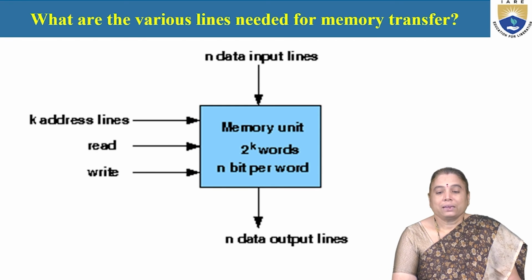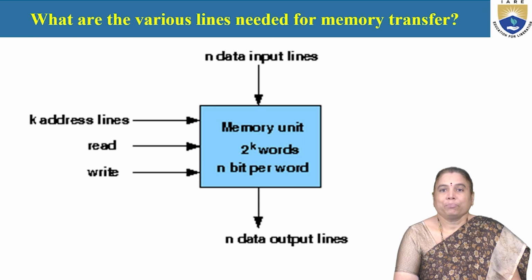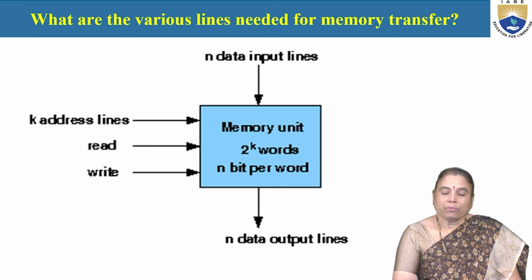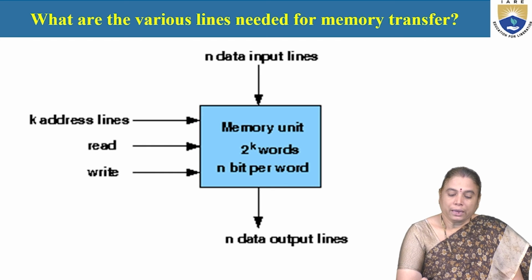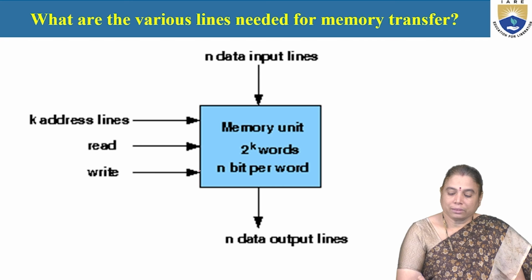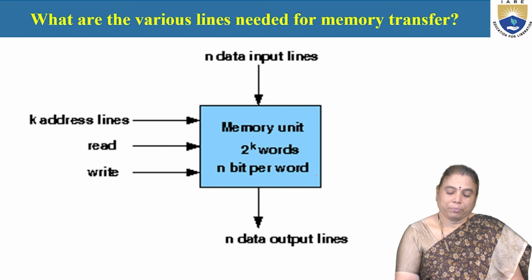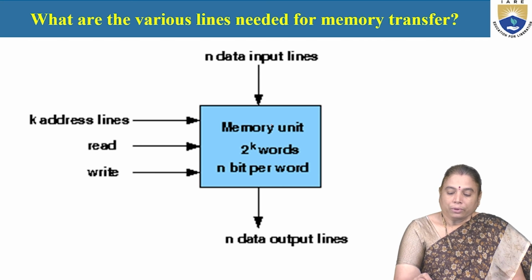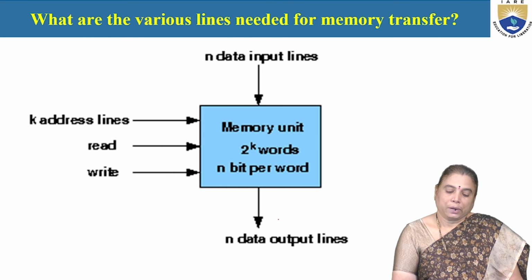Now, what are the various lines that are needed for memory transfer? For the memory unit, address lines, read and write signals can be the input of the memory. The memory unit has n data input lines and n data output lines.